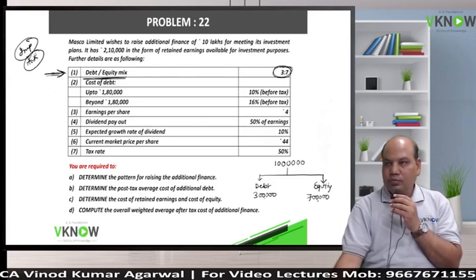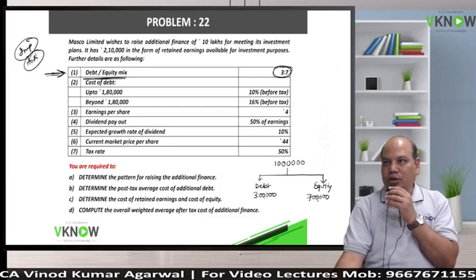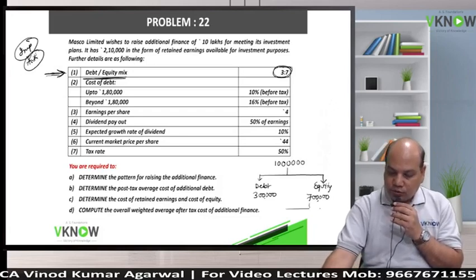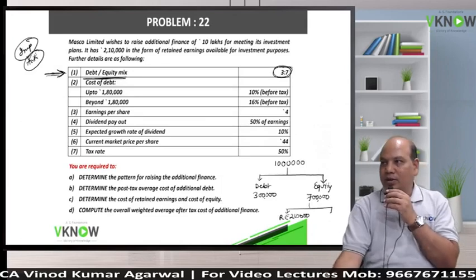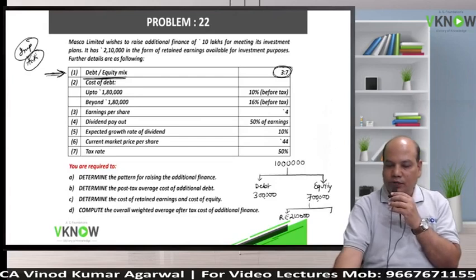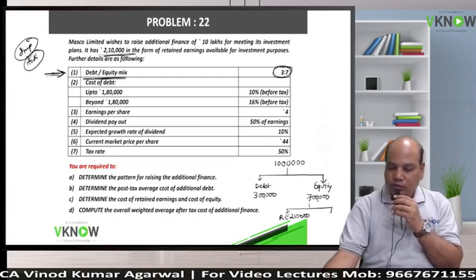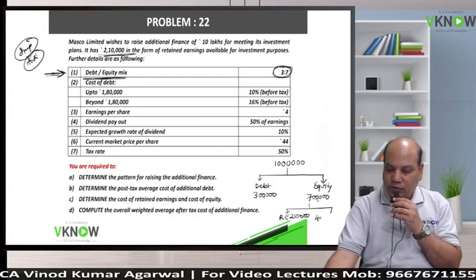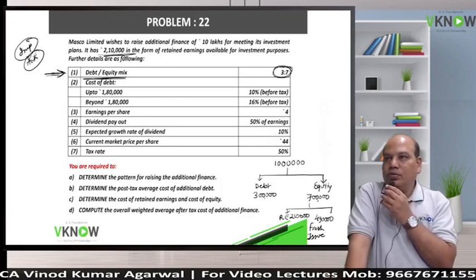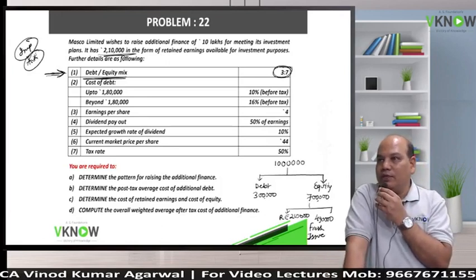And out of equity also, retained earning will be 2,10,000 as given in the first paragraph. What about the balance 4,90,000? Balance 4,90,000 will be fresh issue of equity share. So they will have to issue equity share in the market for raising 4,90,000 rupees.